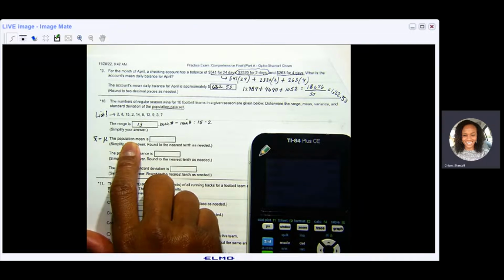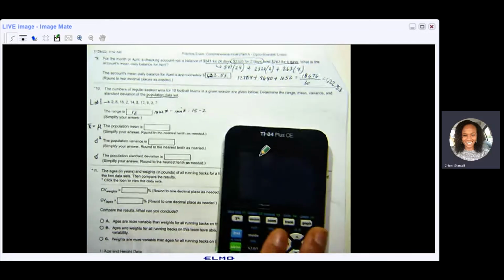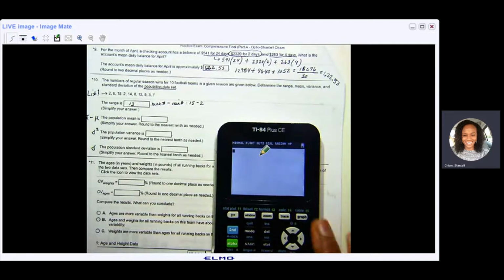Now the population variance is sigma squared. It has a very specific symbol, as does the population deviation, which is sigma.